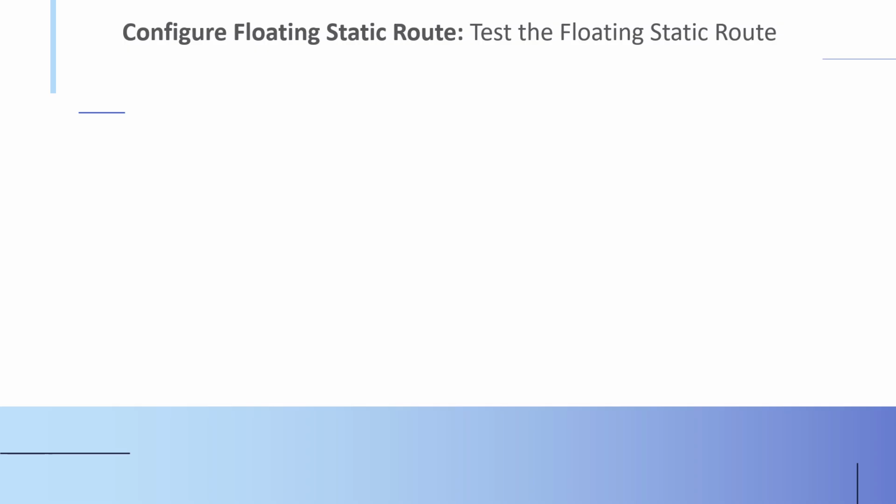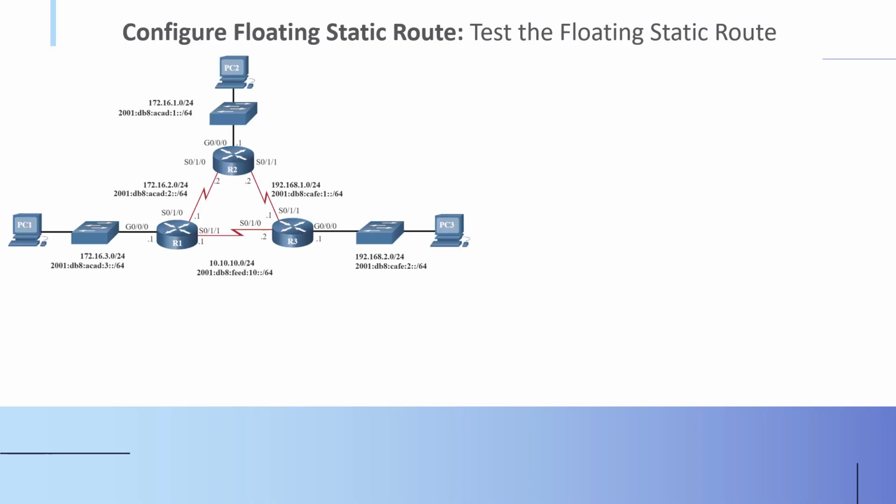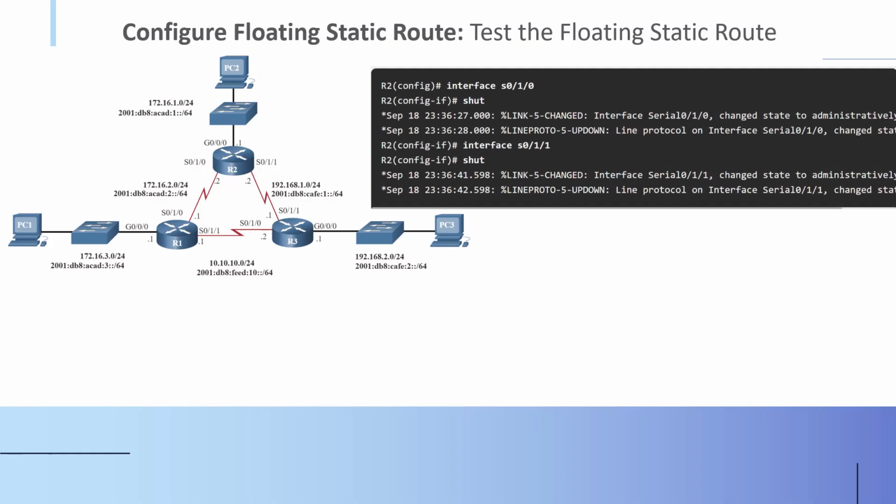In this figure, we will suppose that router 2 will fail. To do this in this example, we will go to router 2 and go to the interface serial 0/1/0.